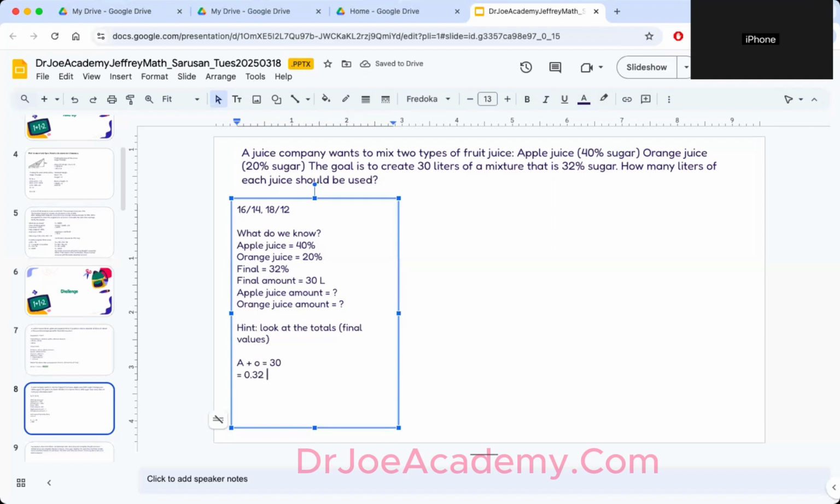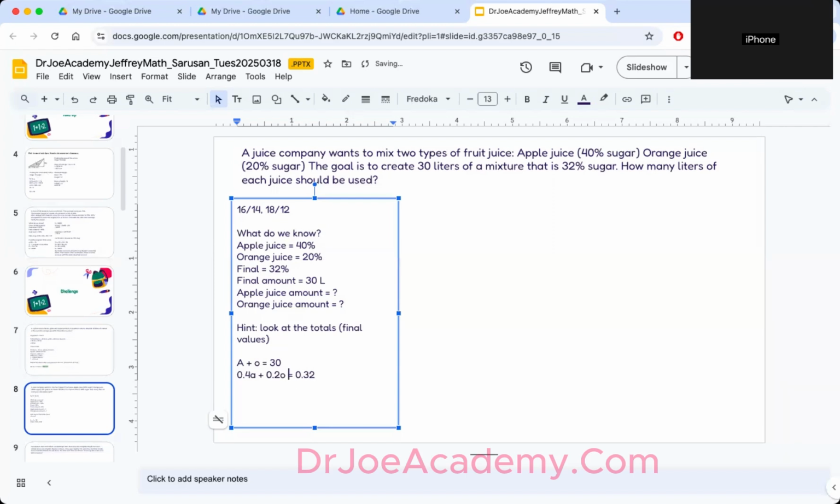Well, when you say 0.4A plus, oh no, wait, what do you say? Oh, 0.4A times 0.20 equals that. Very good.